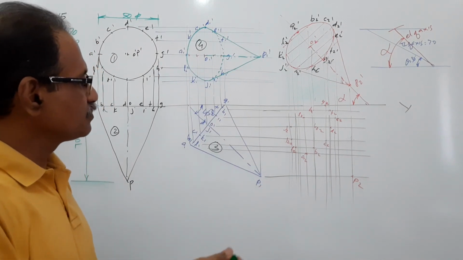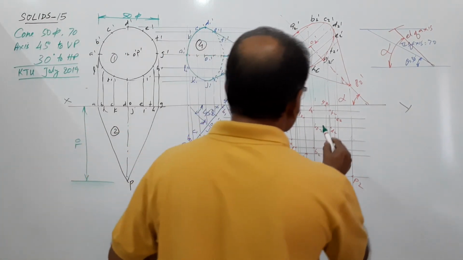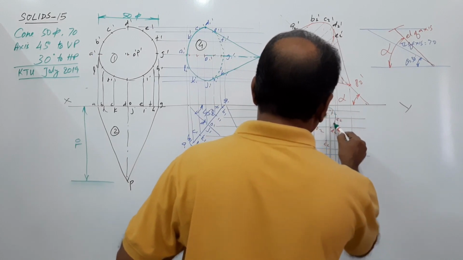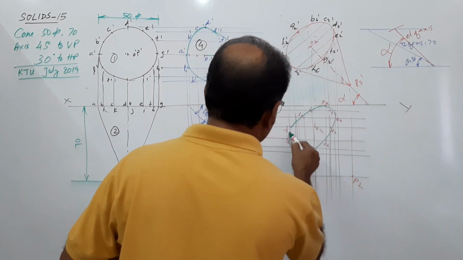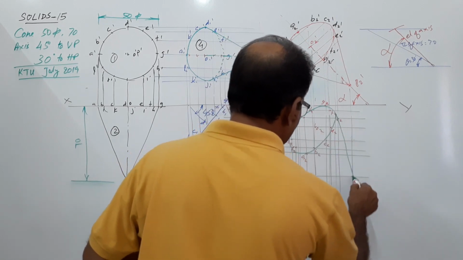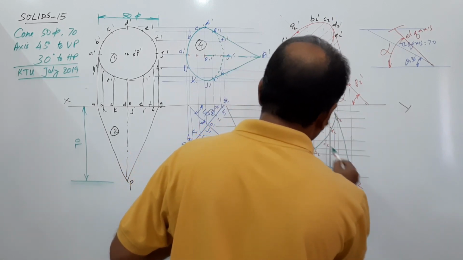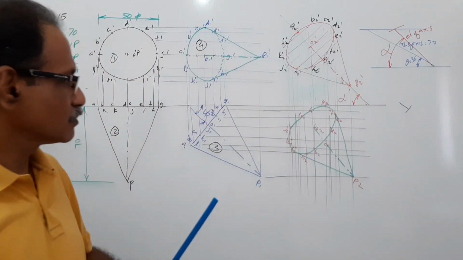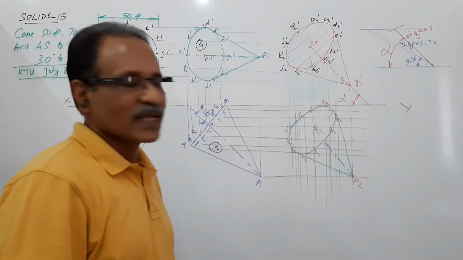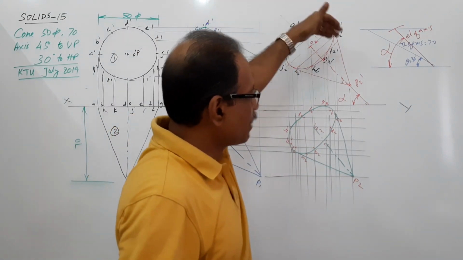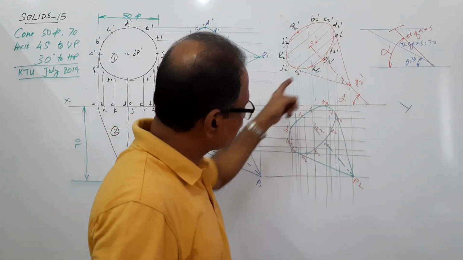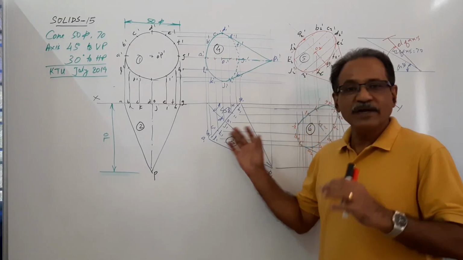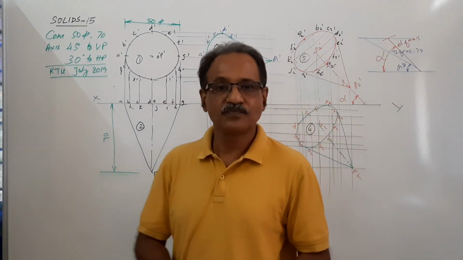Now connect them. Since the base is up and the apex is nearer to HP, the full base will be seen as an ellipse.